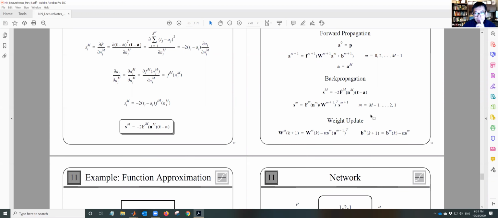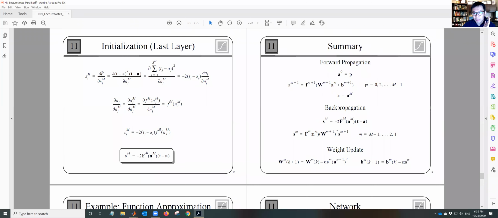It's very important that we understand all the definitions, because this is multi-layer, with all the subscripts and superscripts. But the basic idea is as follows. It's summarized over here. You go forward, and you calculate the discrepancy.